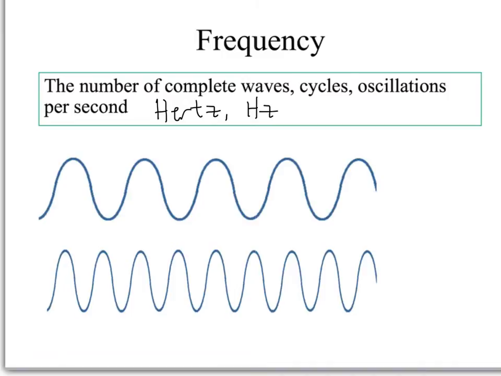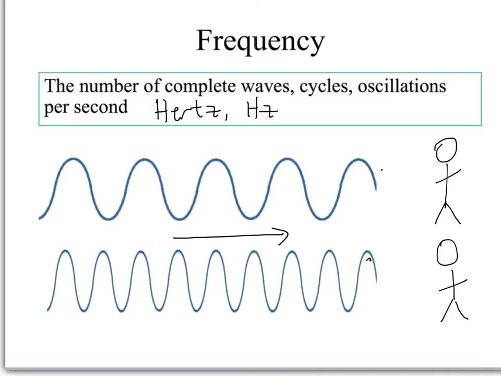Now we'll illustrate frequency by thinking about these two transverse waves at the bottom here. If each wave was moving in this direction at the same speed, then as an observer standing over here, I would see more waves come past me each second from this wave than I would from this top wave. That means that this bottom wave has a higher frequency.